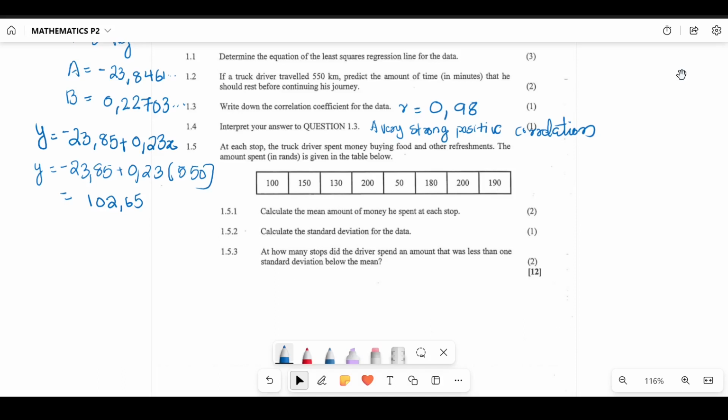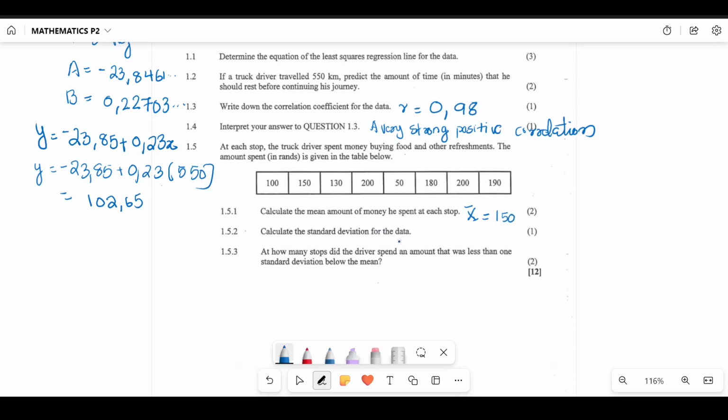Here also you can use a calculator by choosing mode 2 for statistics and then 1 for variance. Enter the values. Again you go to shift 1 and choose variance. Then you choose x bar for the mean, which will give you 150 as the answer.